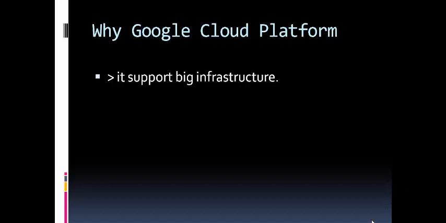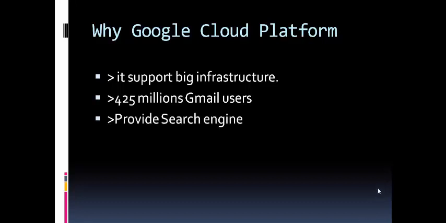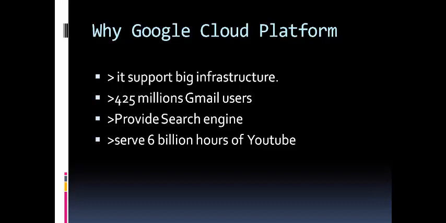As you can see, 425 million users are using a Gmail account. So it is attached to a very large number of consumers. It provides an integrated search engine for web pages that contain the keyword you use to search.